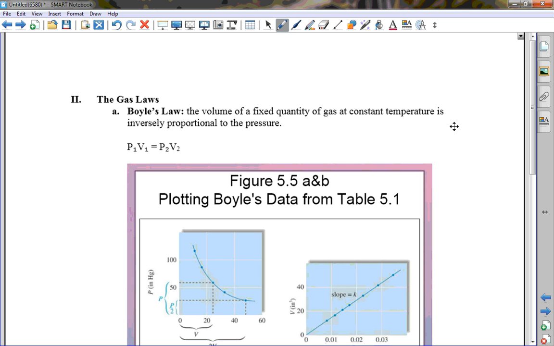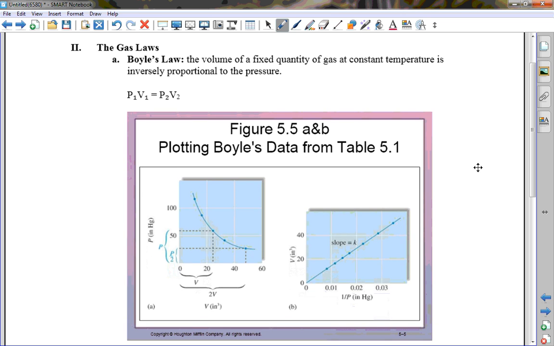The first gas law I want to talk to you about today is called Boyle's law. This says that for a given amount of gas at constant temperature, volume has an inverse proportion to pressure. So pressure is proportional to 1 over the volume.